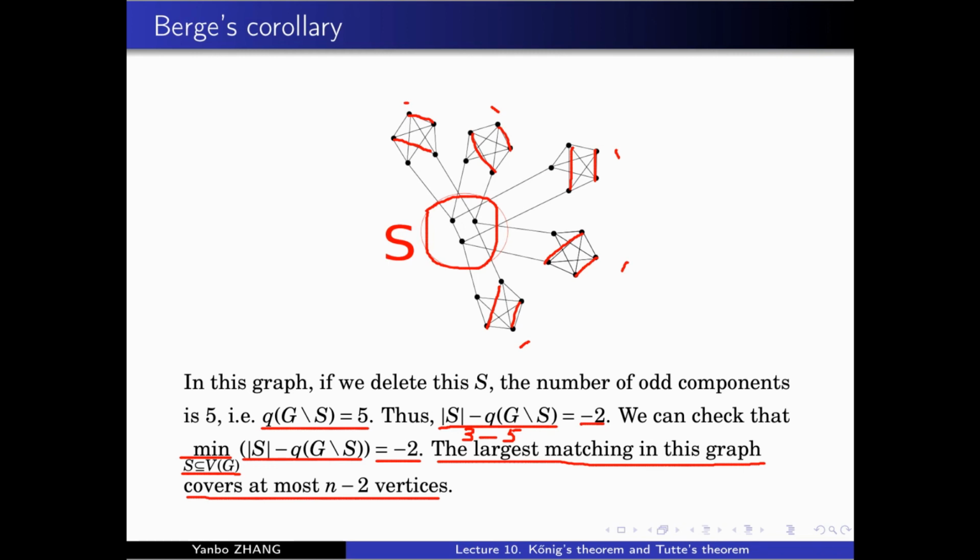But it's not a largest matching because we can find more edges. Here we have 1 edge. Here we have 1 edge. Here we have 1 edge. This is the largest matching. Now we see that this vertex and this vertex are not covered by the matching. So it covers n minus 2 vertices.